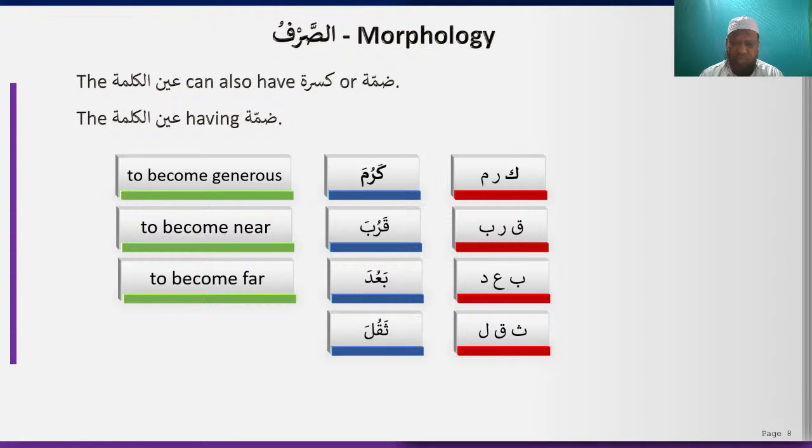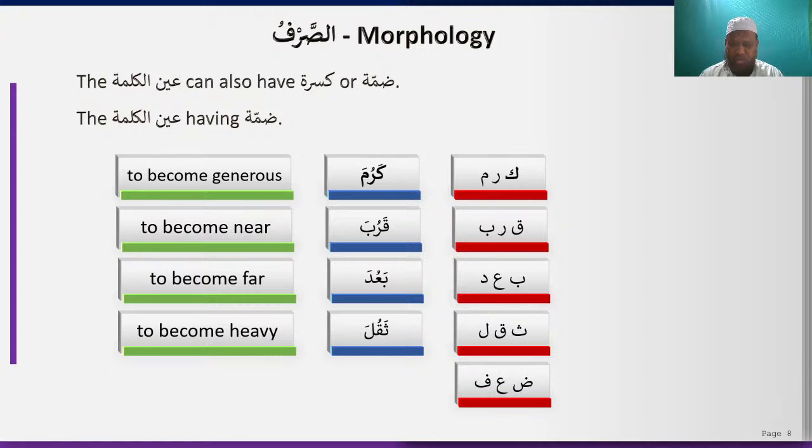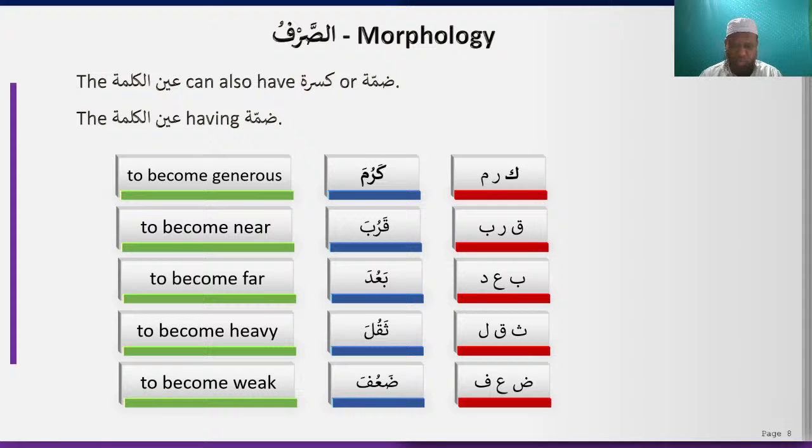Ta qaf lam, thaqula, to become heavy. And dad ain fa, da'ufa, to become weak. From this verb we have the word da'ifun, weak.